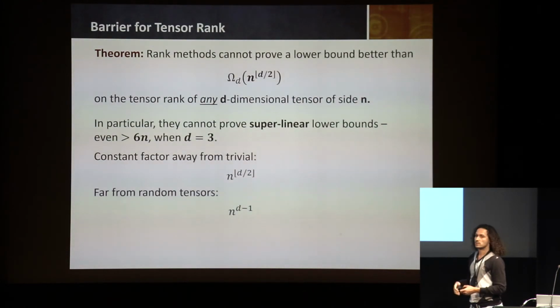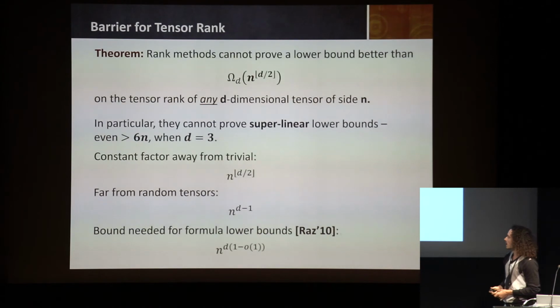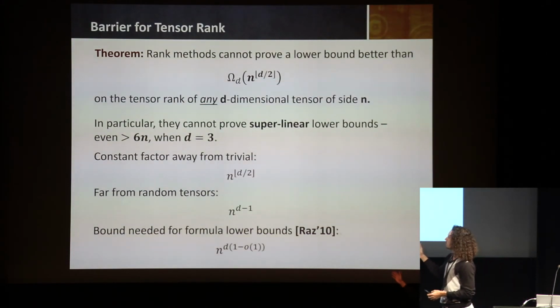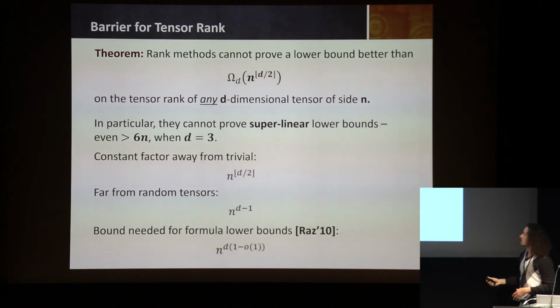And for random tensors, we know that they have rank n to the d minus 1. And for complexity reasons, the bound needed for formula lower bounds, according to Raz, is n to the d to the 1 minus little o of 1. So we're really far, if you just use flattenings, if you just use rank methods, from proving any formula lower bounds.